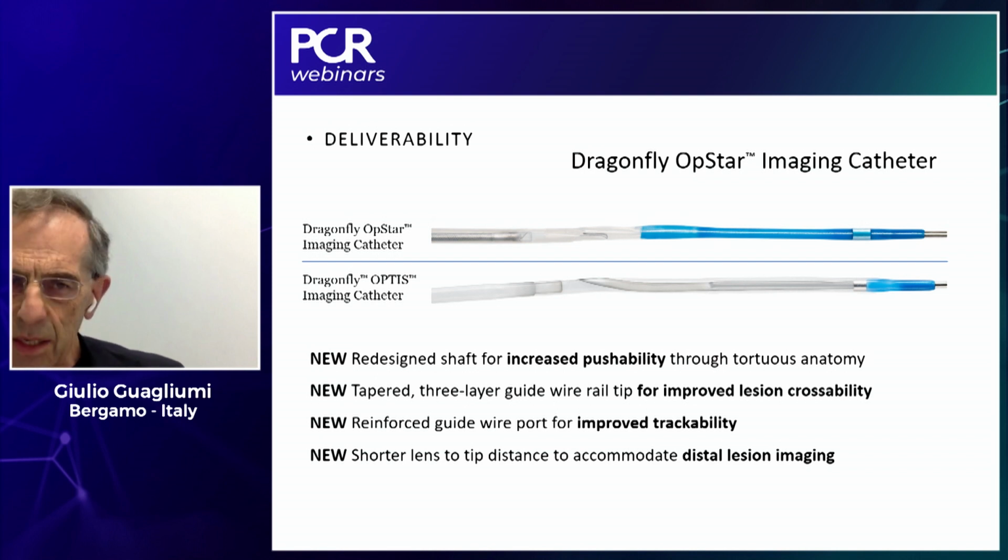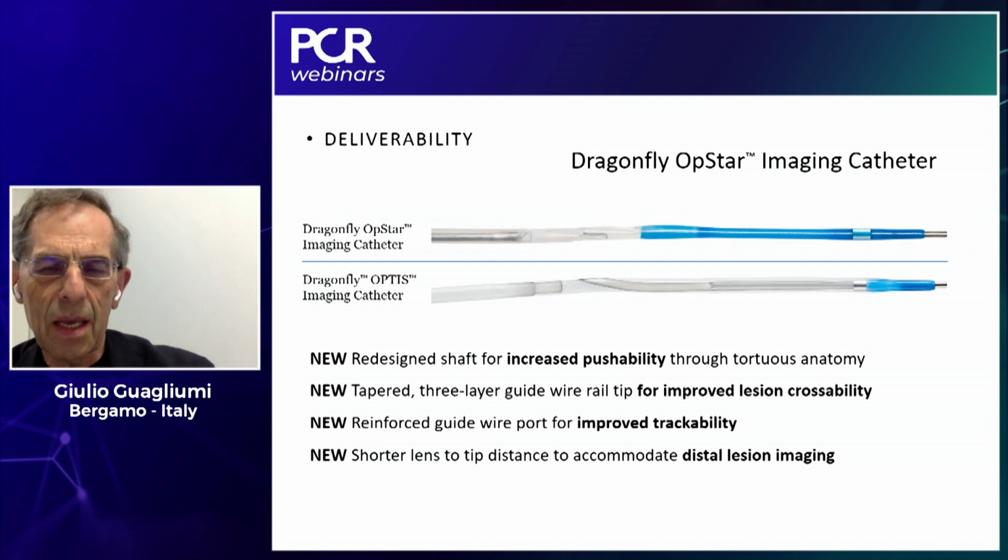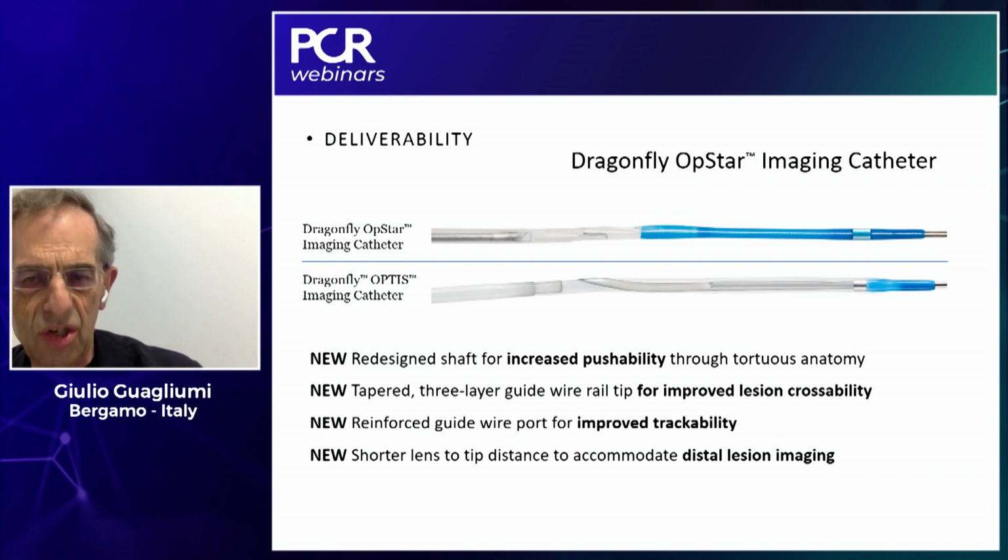So a new catheter is coming. This imaging catheter has much more pushability, and that was due to a redesigned shaft. It's very nice for lesion crossing. That could be an issue. So it has a different taper.